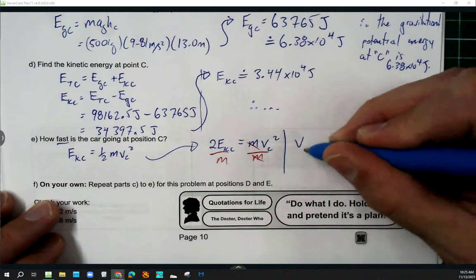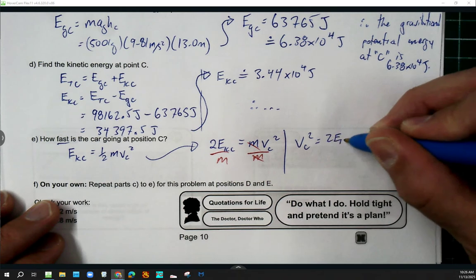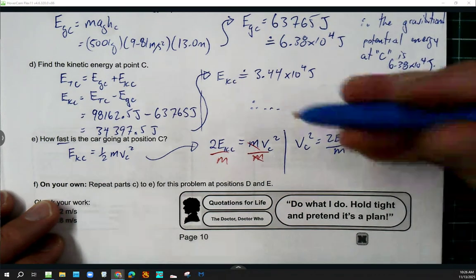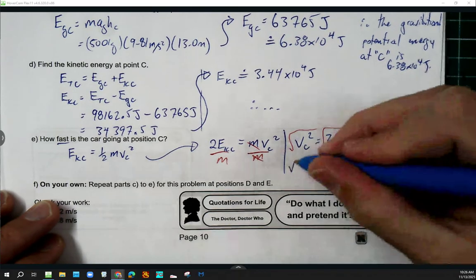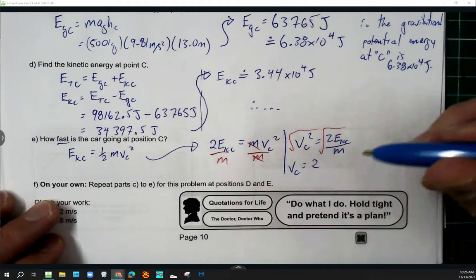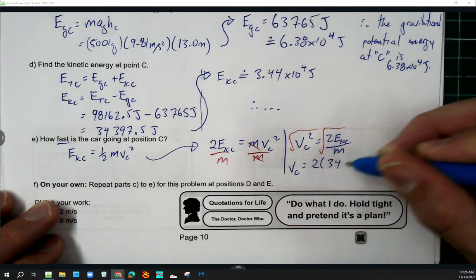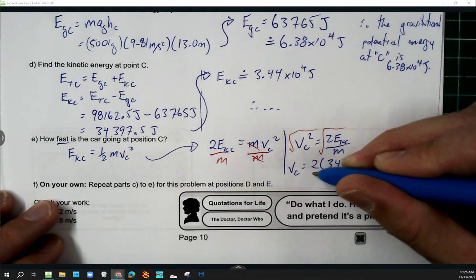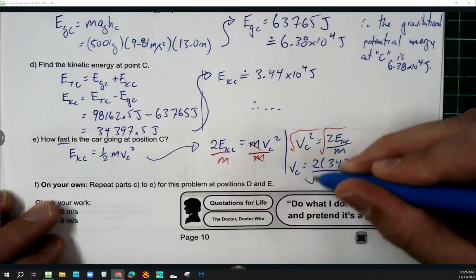Now I'm at a spot where I can say VC squared is equal to 2 times EKC over M. And of course I'm going to square root both sides, which means that I can calculate VC is equal to 2 times, well, EKC was equal to unrounded 34,397.5 joules divided by the mass, 500 kilograms, all square rooted.